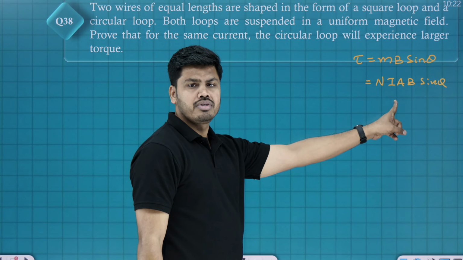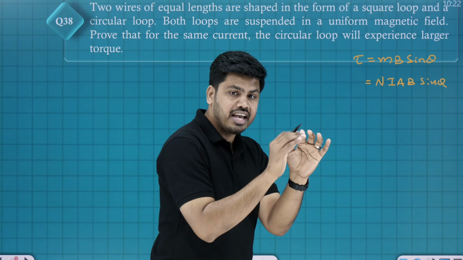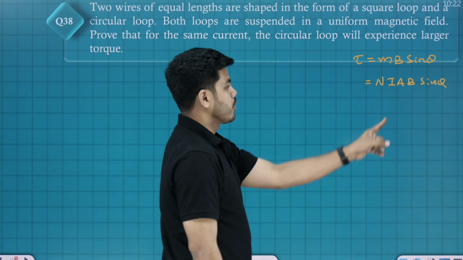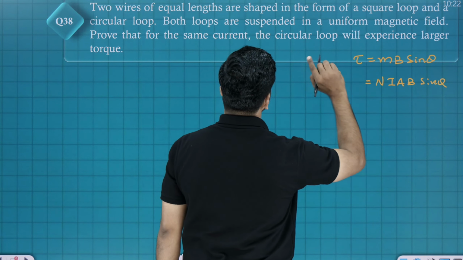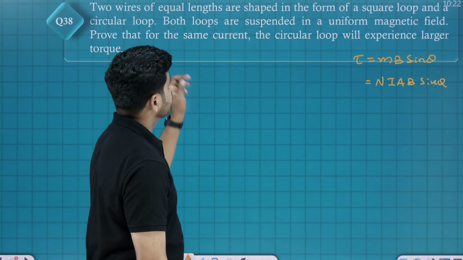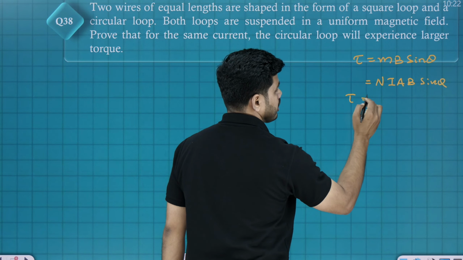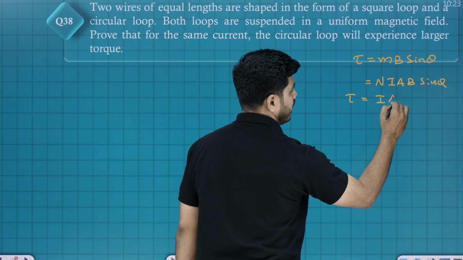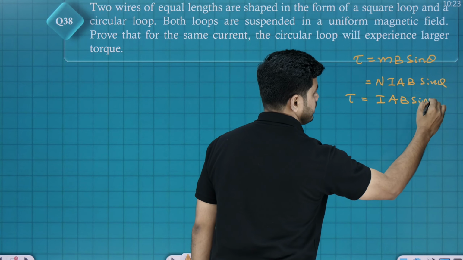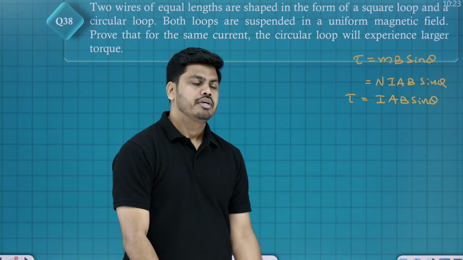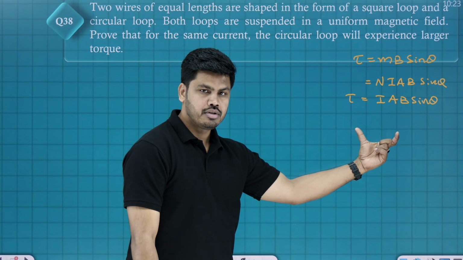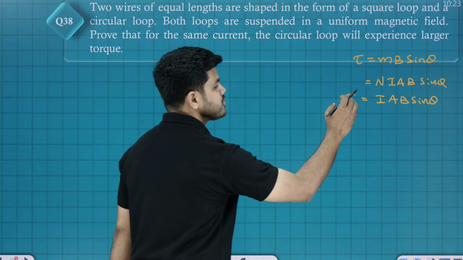Yes, n is the number of turns, I is the current flowing through it, a is the area enclosed by that loop, right? And b is the magnetic field. See, here we are talking about only single turns, so that n is going to be 1. So we can say torque is equal to just I A B sine theta. Okay, so this is the equation for torque, right? So torque equation is ready here.